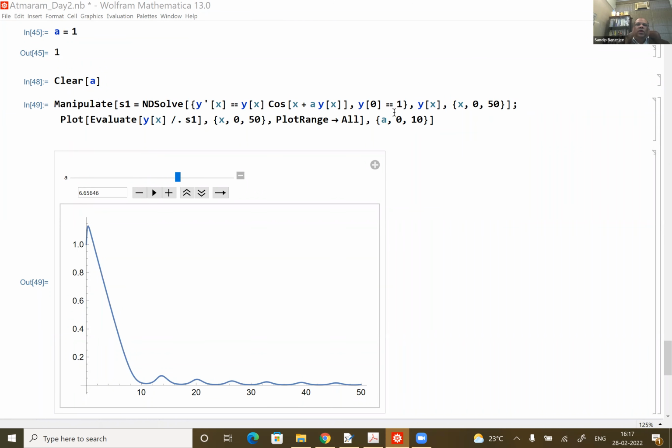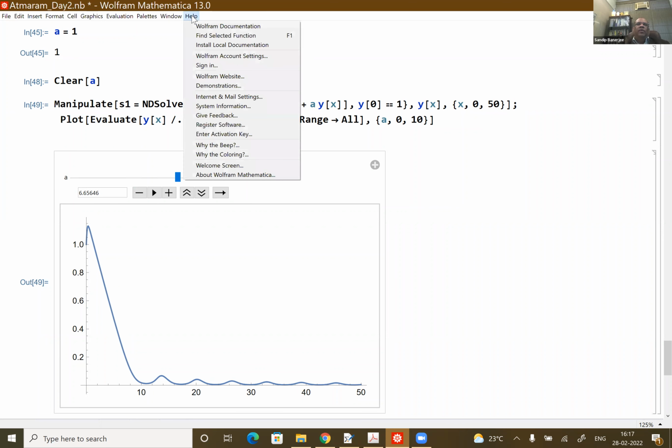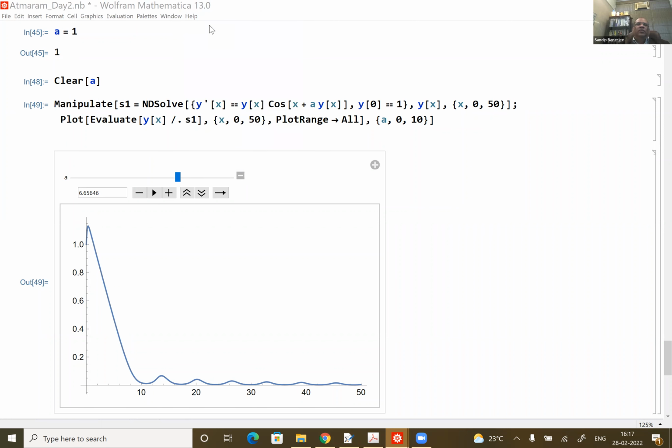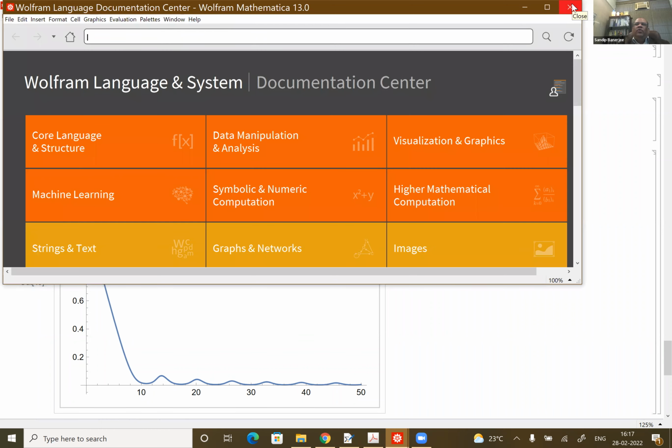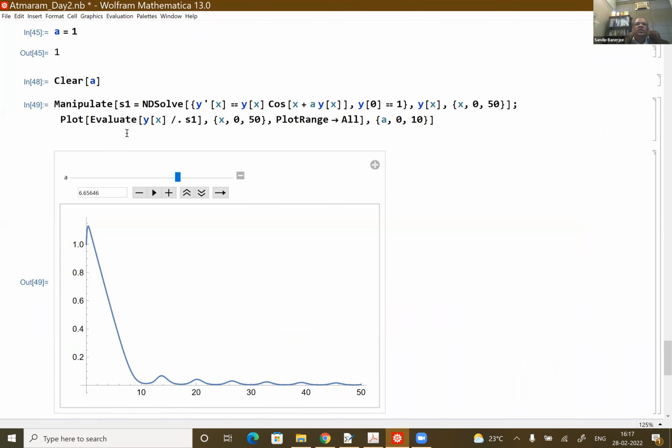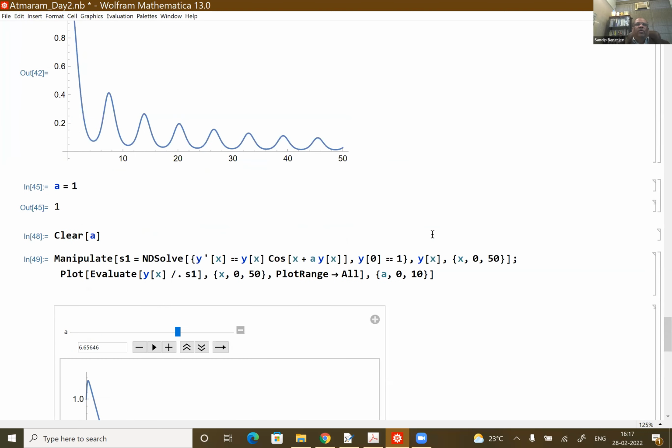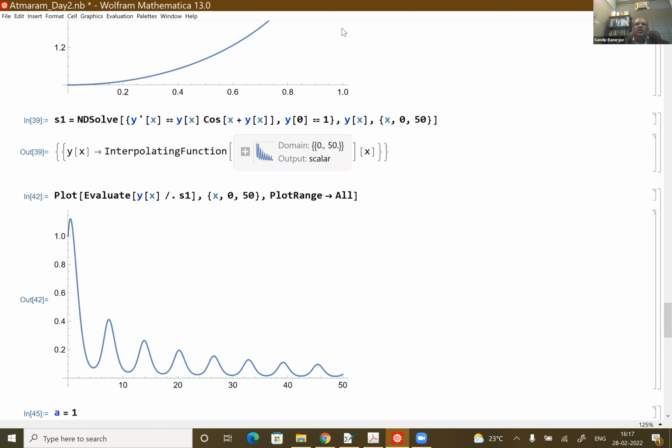Niladri Ghosh. Okay, you do like this, Niladri. Go to help. Go to this Wolfram documentation. But anyway, I think it should work. So just check whether you have given N, D, Solve, all of them capital. N, D, and S, all of them capital. That's the common error we make. Just check that and just report.